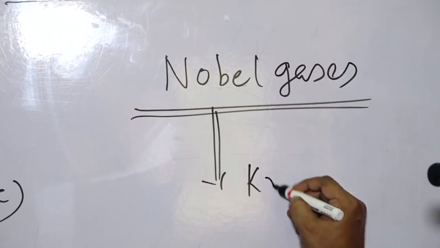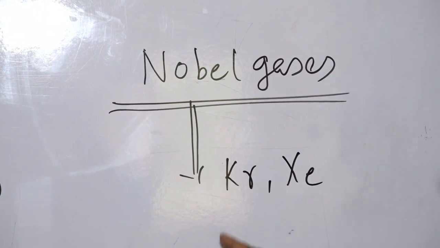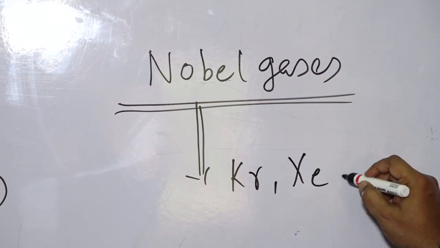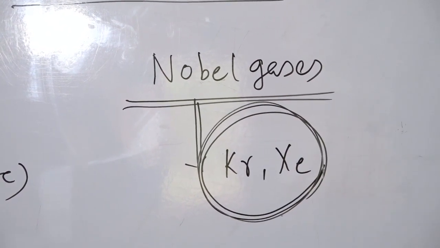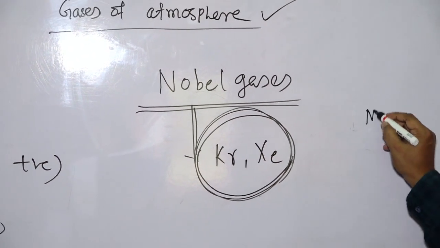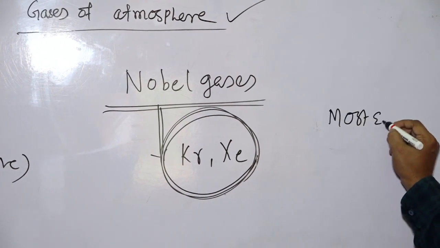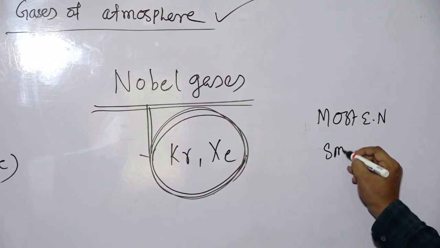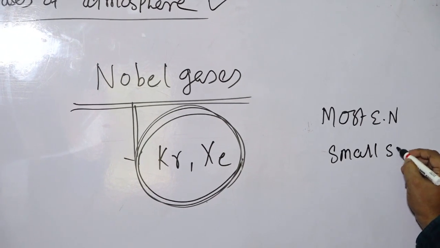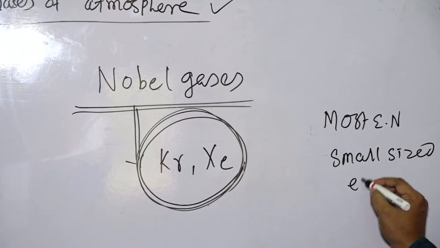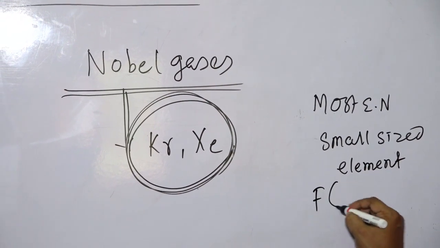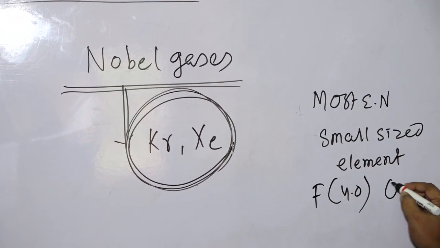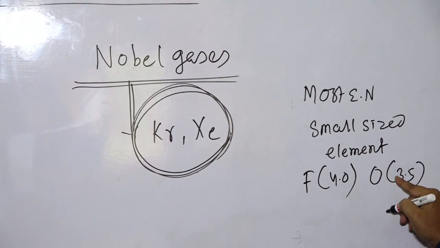Because krypton and xenon, only these two elements, have the ability to combine with the most electronegative, small sized elements, fluorine 4.0 and oxygen 3.5.